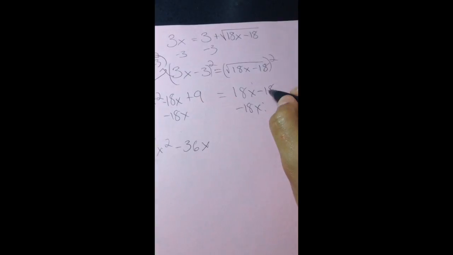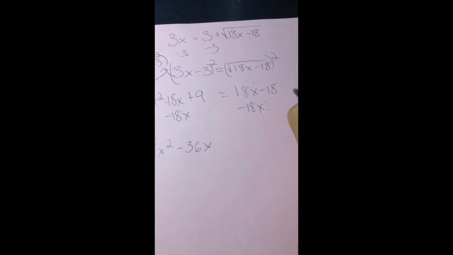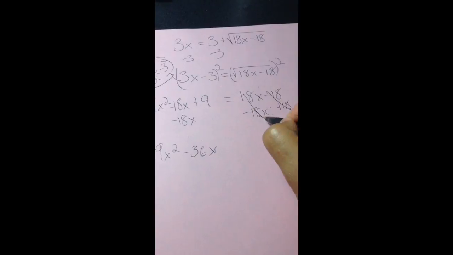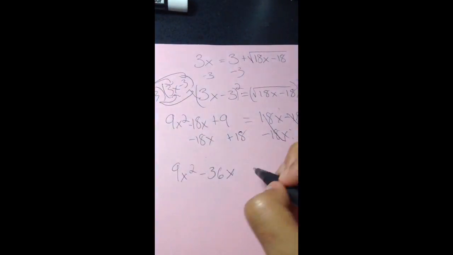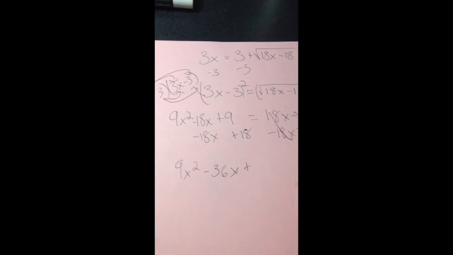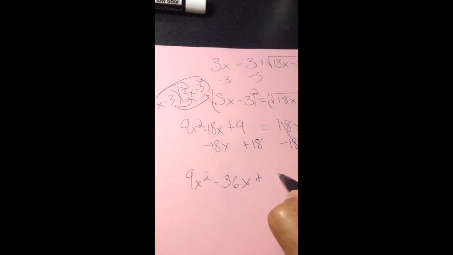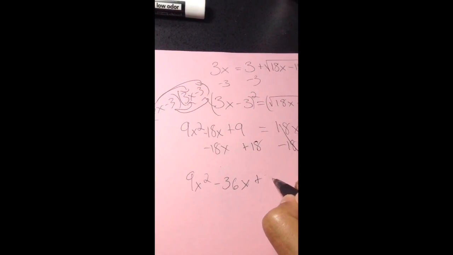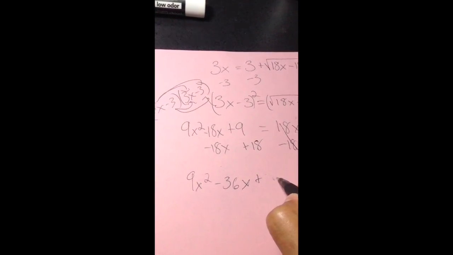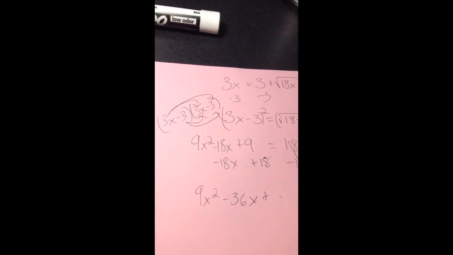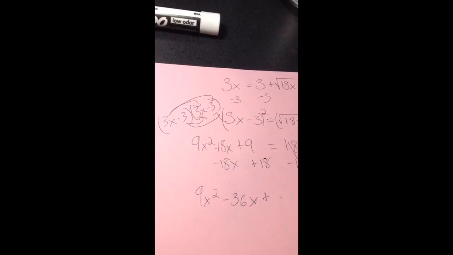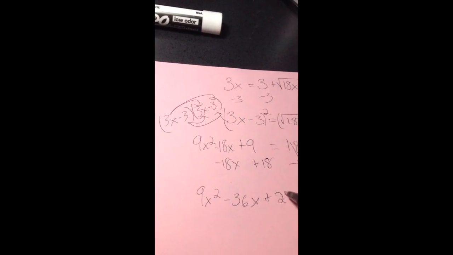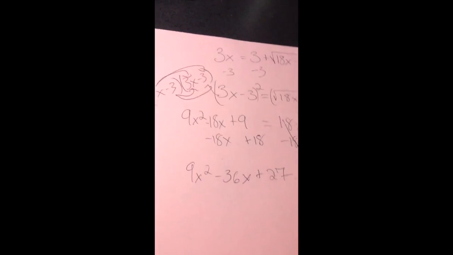Because we're moving it to the opposite side, we get to add 18 to cancel it, and then plus 18 over on this side as well. So then it would be 27.